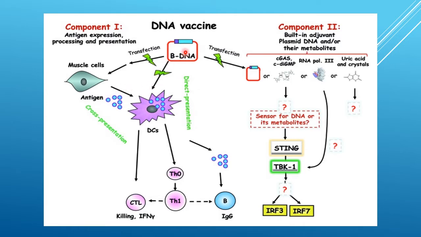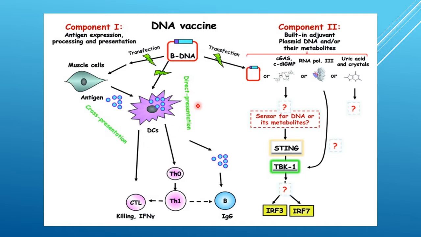This is the DNA plasmid encoding a protein gene region, which can be expressed in stromal cells, these muscle cells, as well as in the DCs, the dendritic cells, where these antigens are processed and presented to naive CD4 and CD8 cells, either by direct or cross presentation.